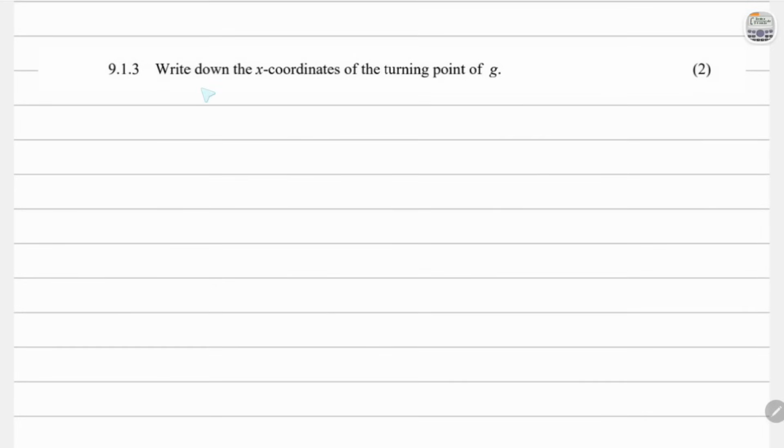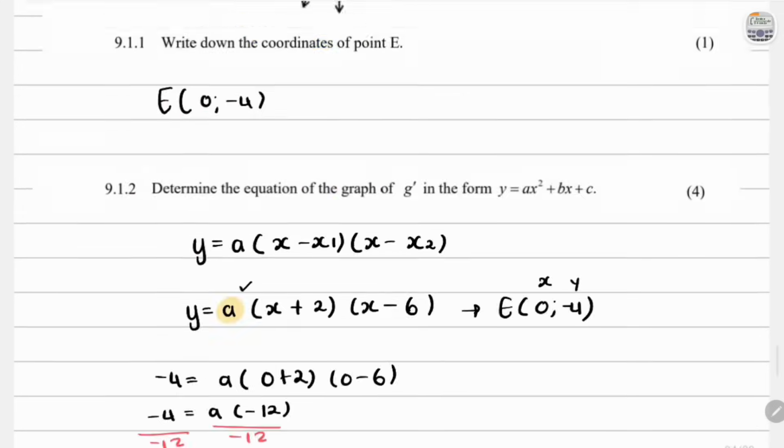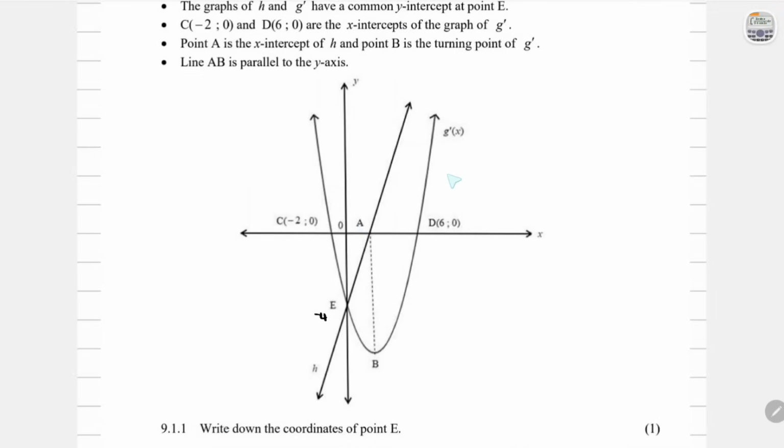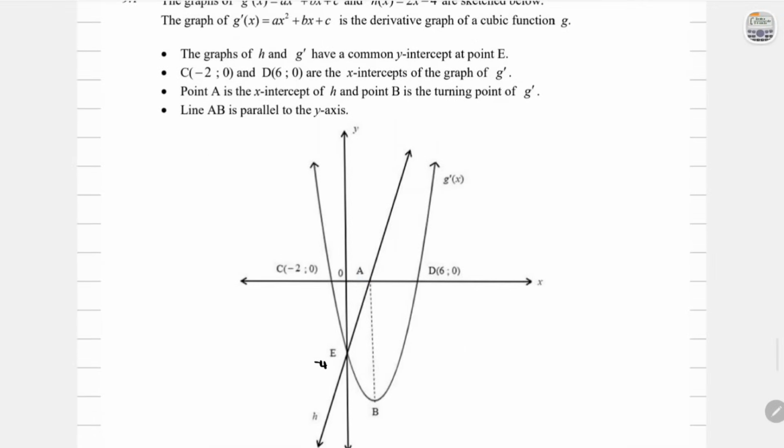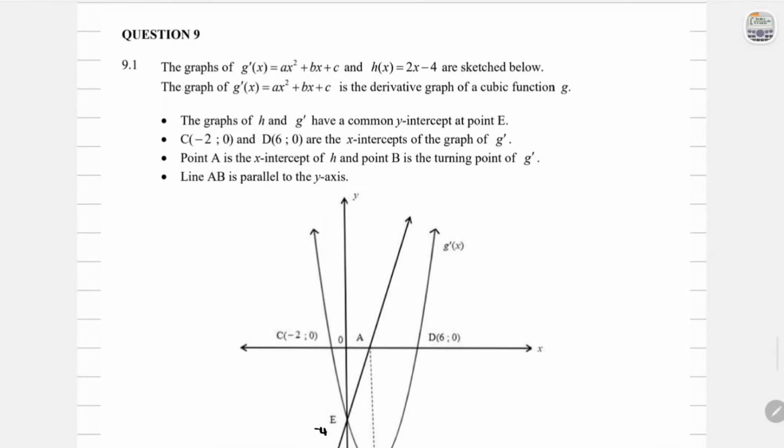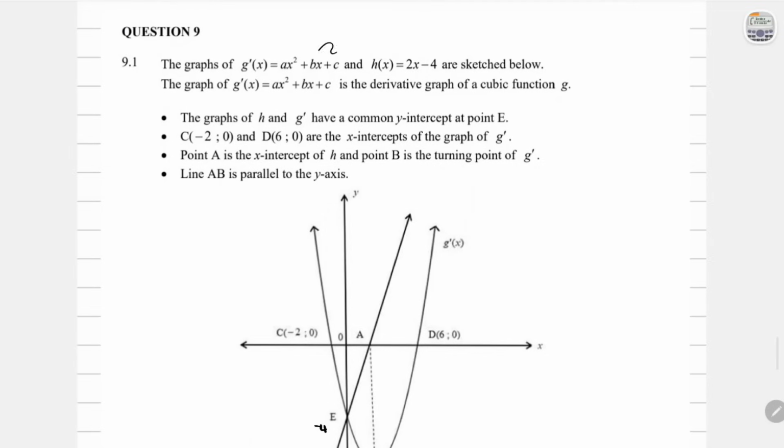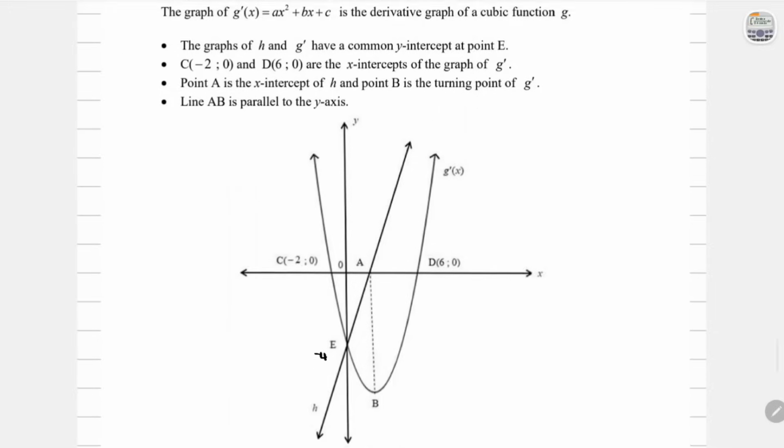Question 9.1.3 says, write down the x coordinates of the turning point of G. So not G prime, but G. If this is G prime, like they told us, G is a cubic function, and they mentioned that in the info. They told us that the graph of G prime is the derivative graph of a cubic function.